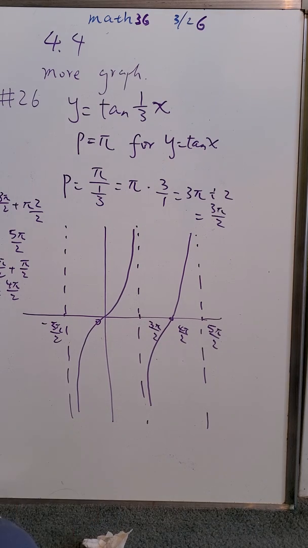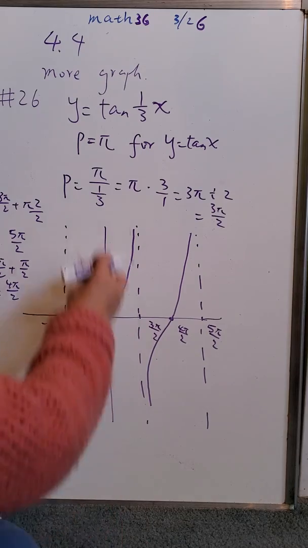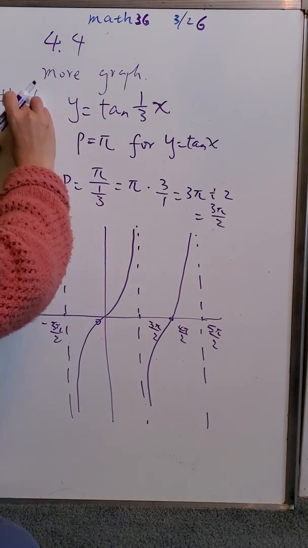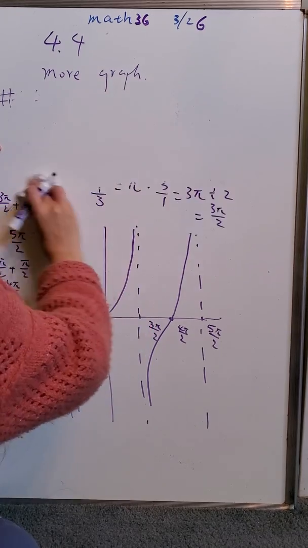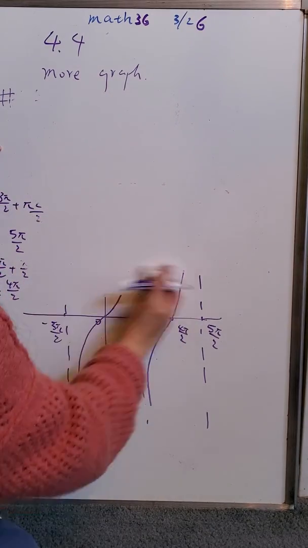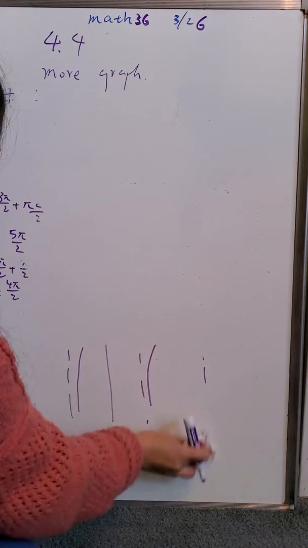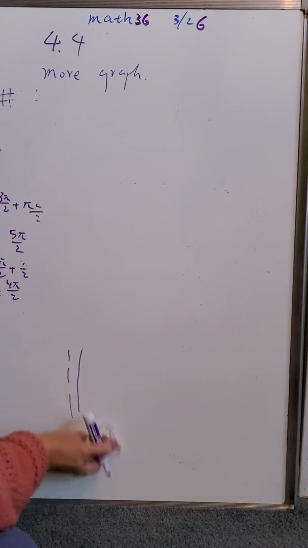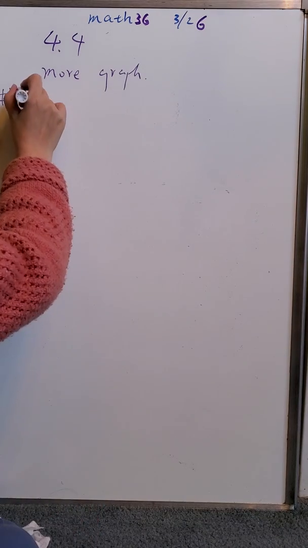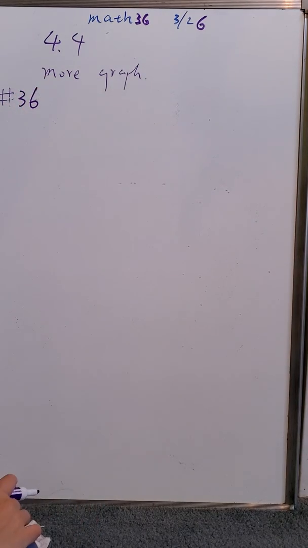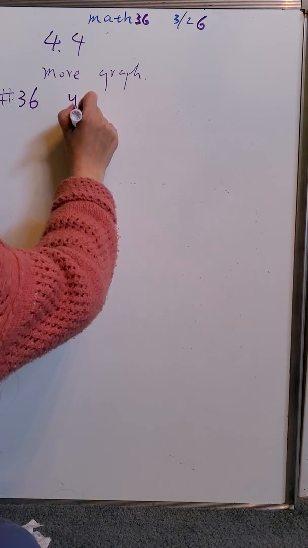Now we're going to do a cotangent graph. Cotangent graph is number 36. Number 36, y is equal to 1/3 cotangent 1/2 x.